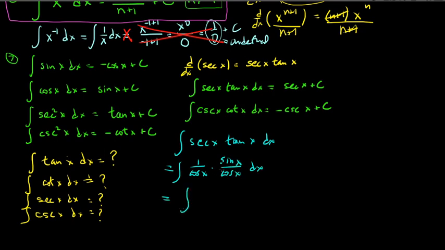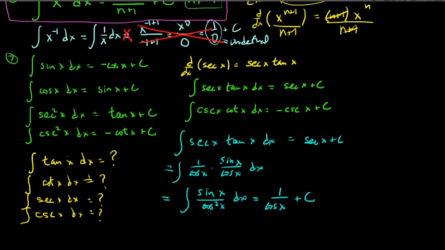And so this is really just the integral of sine of x over cosine squared of x. Okay. And so what's the answer to this? Well, it's the same as the answer to this. It's just secant of x plus c, which I suppose you can also write as 1 over cosine of x, to keep the same format here, plus c.